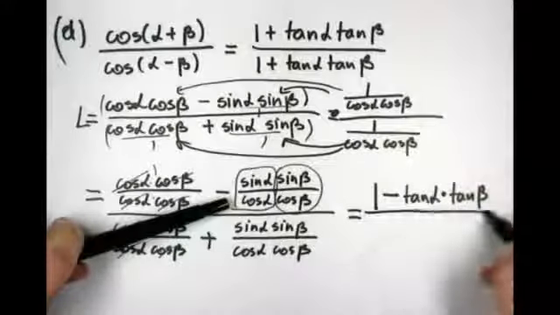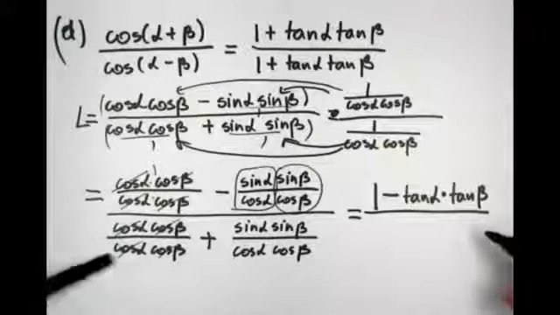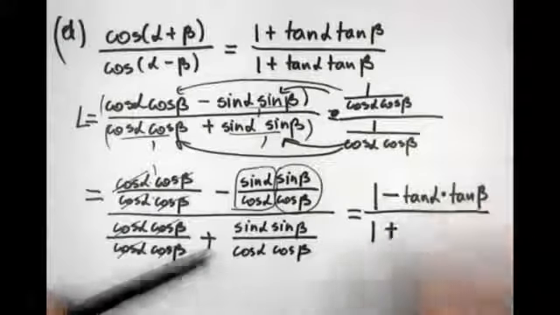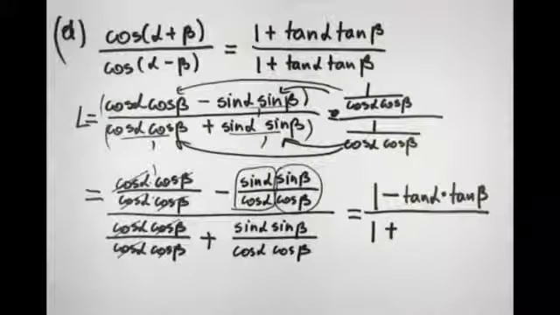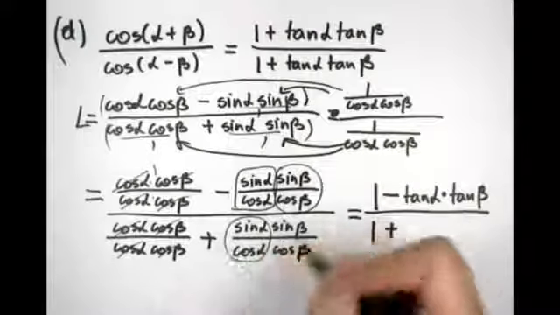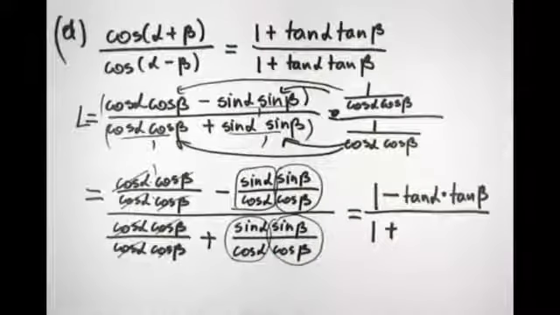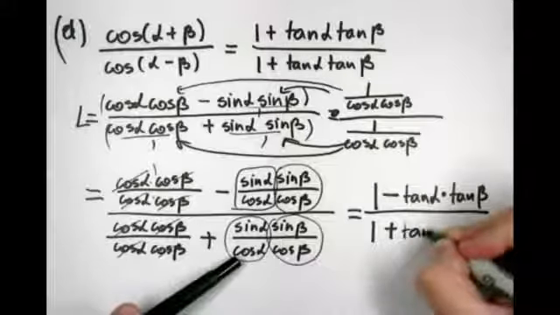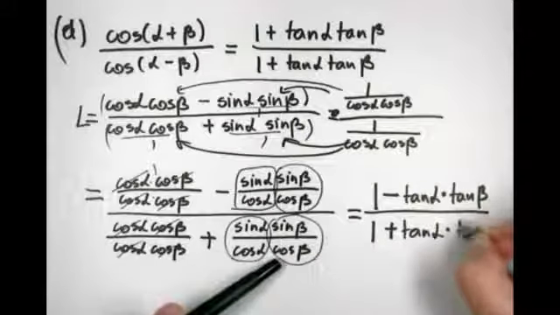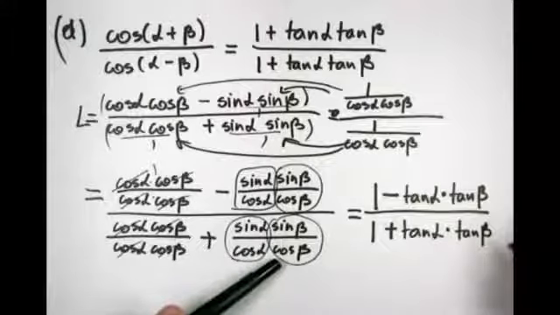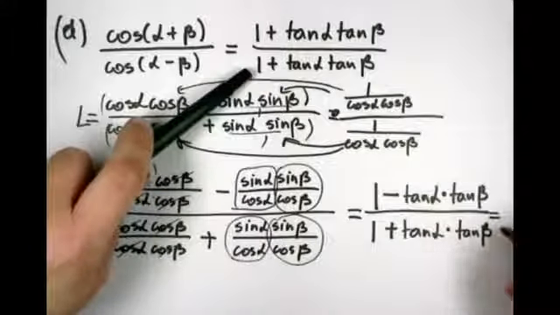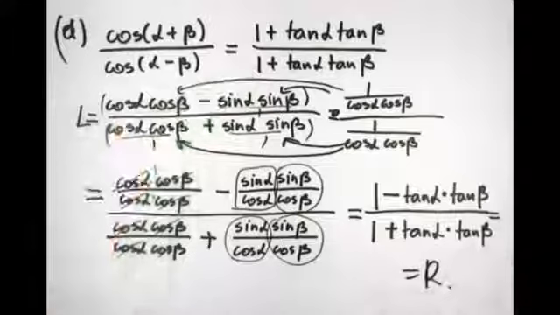And then we have all over. On the bottom, this reduces to 1 plus, and the same situation, I can group them together right here, so I have tangent alpha times tangent beta. And that's the right side, so we proved it, the identity is established.